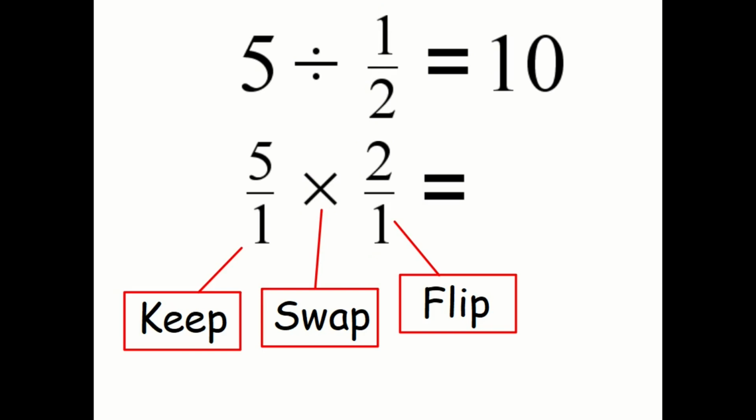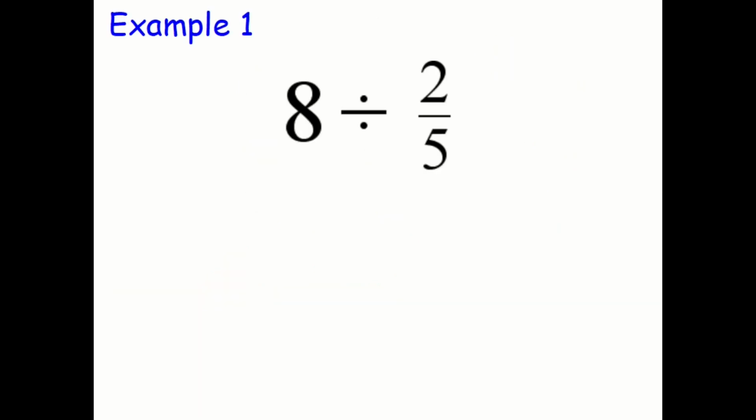Then, because we know how to multiply fractions, we just multiply across the top, we get 10, and we multiply across the bottom. 1 times 1 is just 1. And 10 over 1 is exactly the same as 10. So let's apply this rule now. We keep the first bit the same, swap this sign and flip the last bit.